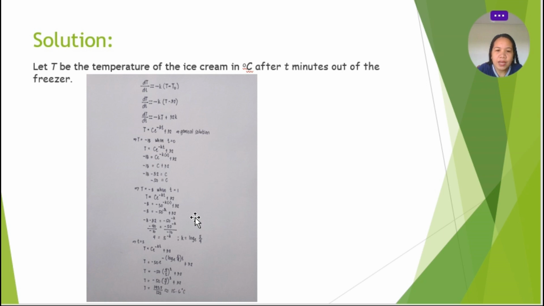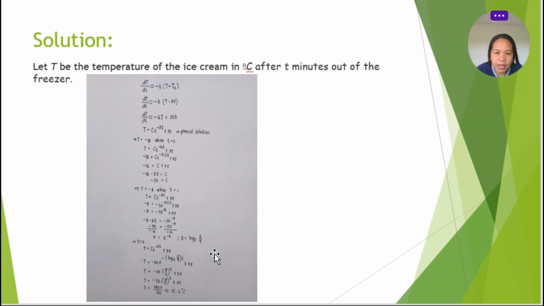To answer the final question, we substitute 5 as the value of t for time. Again, we will use the equation T equals Ce to the negative kt plus 32. So T is equal to negative 50 e to the negative log of 5 over 4 to the base e, times t, plus 32.